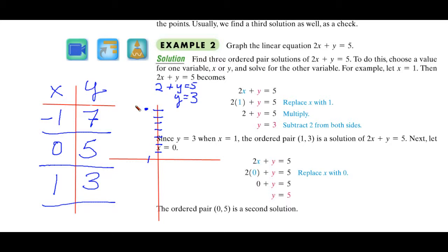This is just going to be a sketch. Now, if it's 0, then we have a 5. So we'll put a dot right there at 5. And if we have a 1, which is right there, we go up 3. And I don't know if you've noticed, but we now have a straight line. So this line now is the graphical representation of this equation.